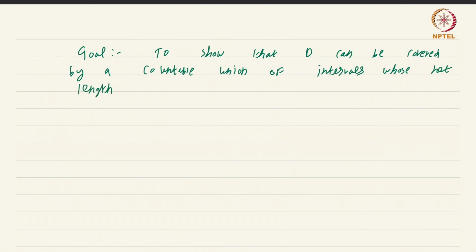That's the goal. Since epsilon was arbitrary, that would show that the set of points where Sn diverges is actually a set of measure 0, which will in fact show that Sn increases almost everywhere to some function f.